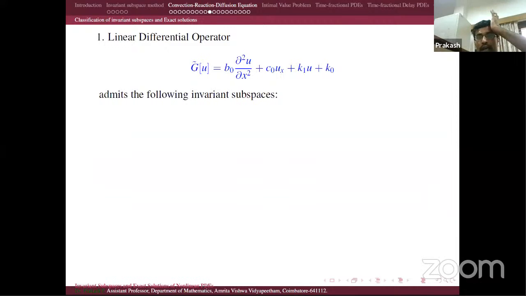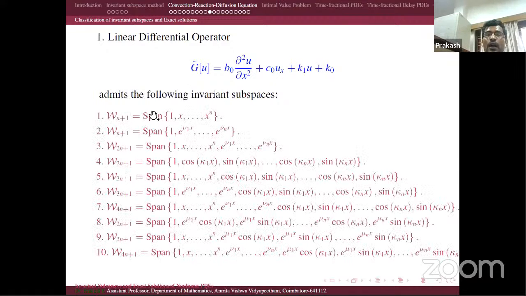So here, the linear differential operator I am considering admits the following invariant subspaces. For example, we can classify polynomial, exponential, a combination of polynomial and exponential, and trigonometric. The last one is the more general invariant subspace because it contains polynomial, exponential, and trigonometric functions.